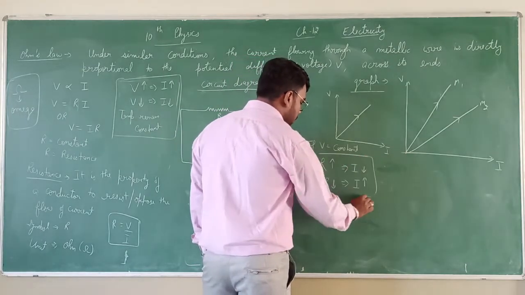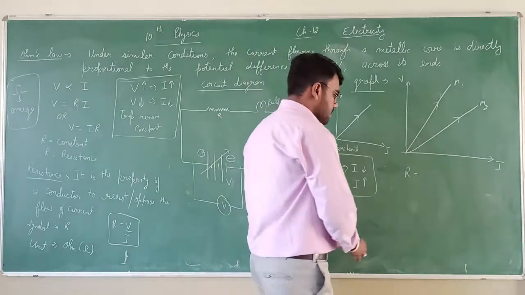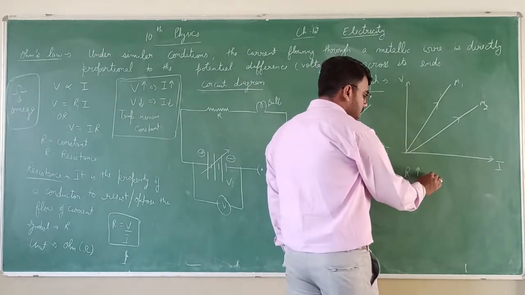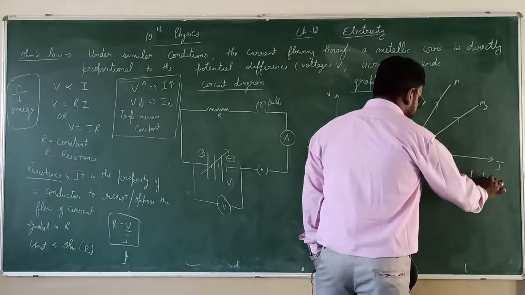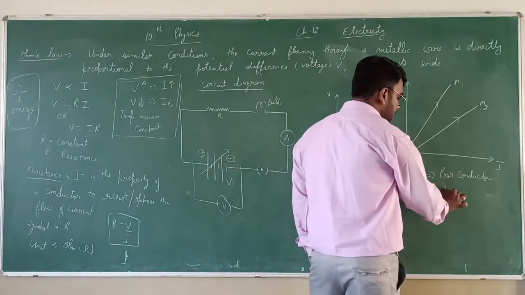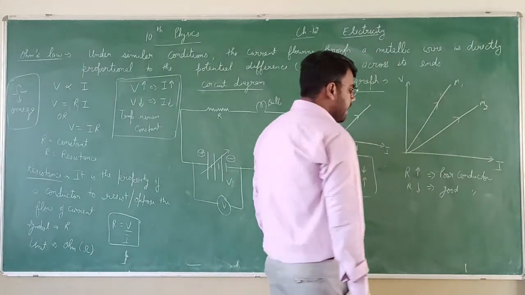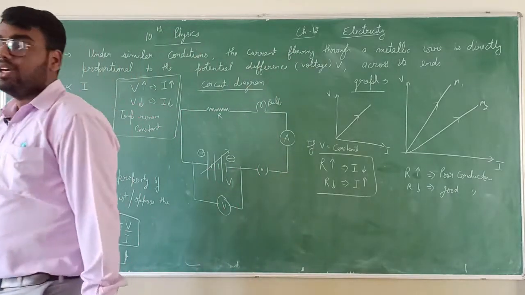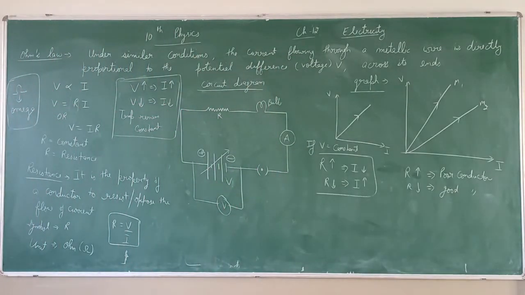So we can conclude that materials with high resistance are poor conductors, and materials with low resistance are good conductors. What are insulators? They have infinite resistance. So this is all about resistance.